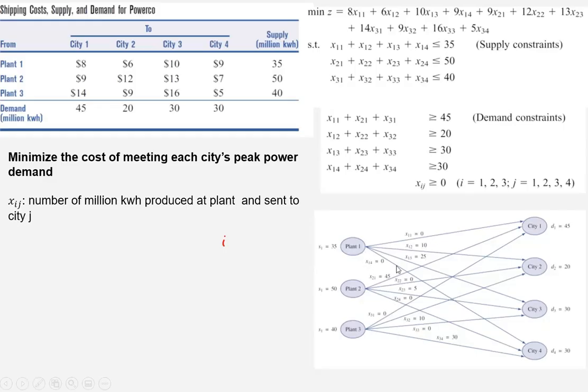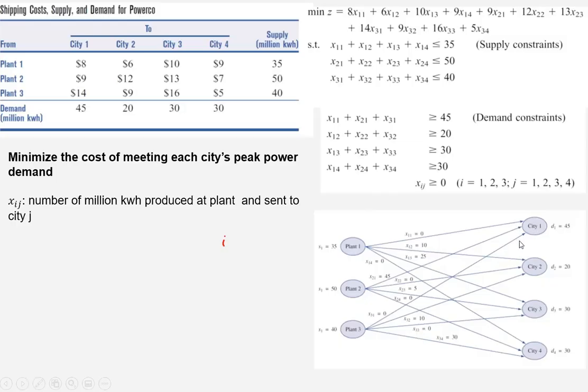So the total amount supplied by plant 1 is 35, which is less than or equal to the amount that it can supply, so that one checks. For plant number 2, the total is 45 plus 5, 50. That one is also not exceeding the amount it can supply. Same thing for plant 3. The sum of these is 40, not exceeding the amount it can supply.